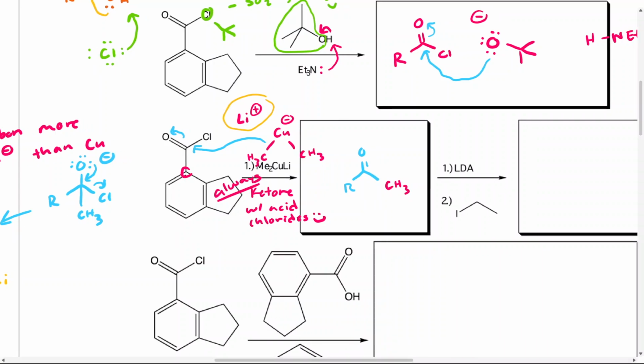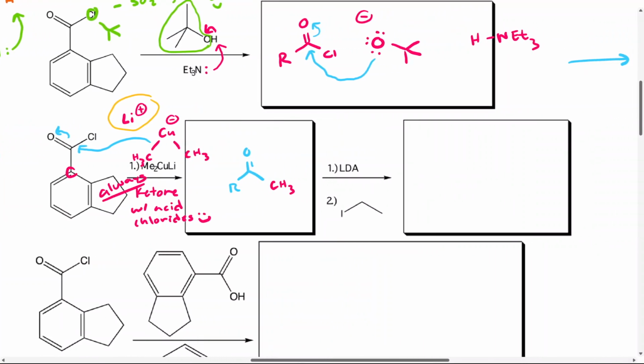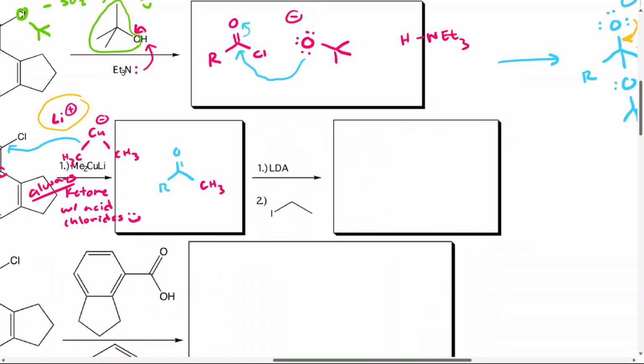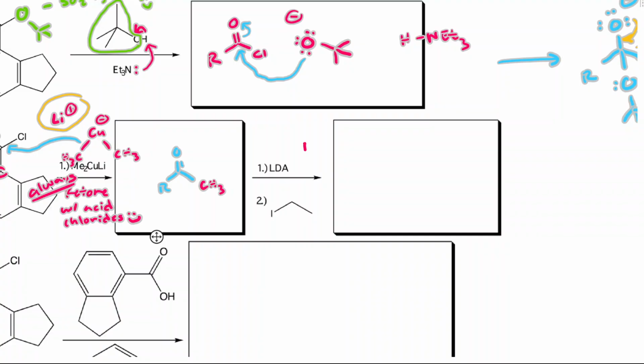Next, we have LDA and iodine bonded to ethene. For LDA, I think we know how it works.